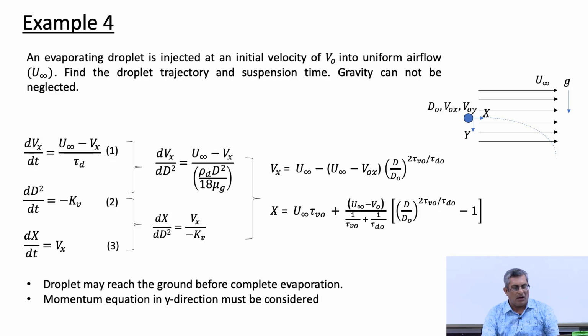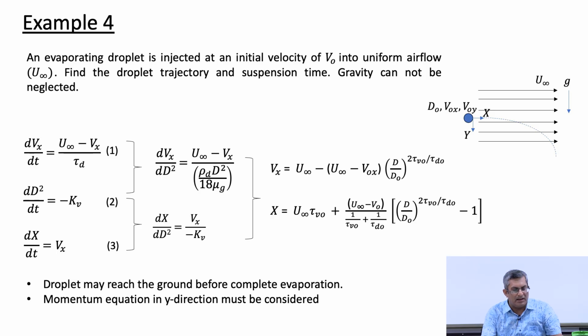In that case, this term is 0 at the initial time. Then what you have here is only the gravitational effect. So that is why this will accelerate. In the next time, you will have some finite value of Vy. And how long will this go on?